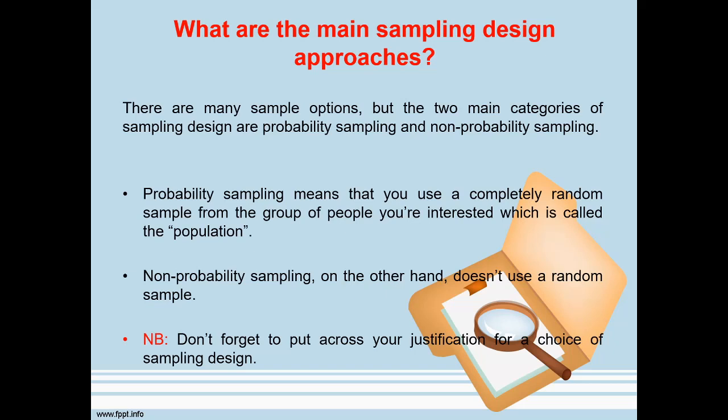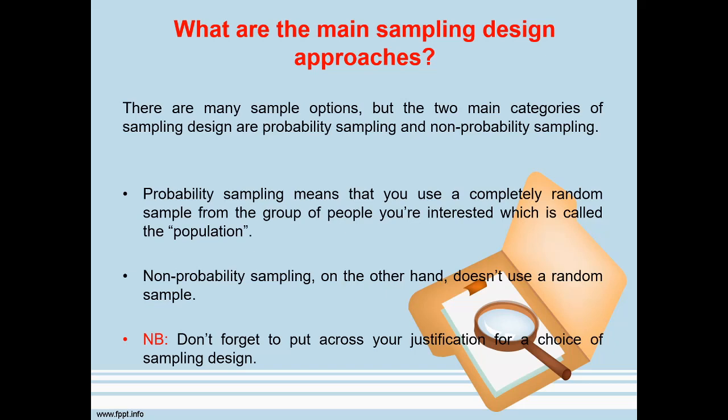Okay, so as mentioned earlier on, sampling design is about deciding who or where you are going to collect your data from. That is your sample. So quickly, probability sampling means that you use a completely random sample from the group of people you are interested in, which is called the population, as I said.